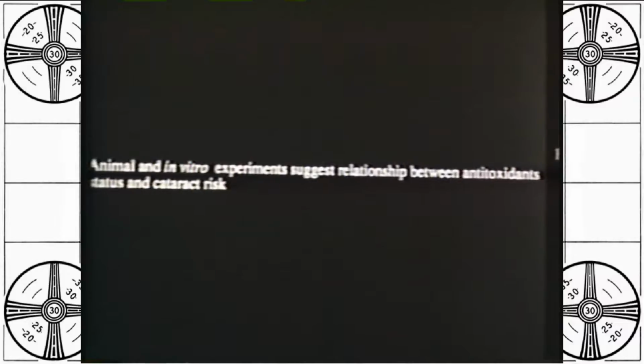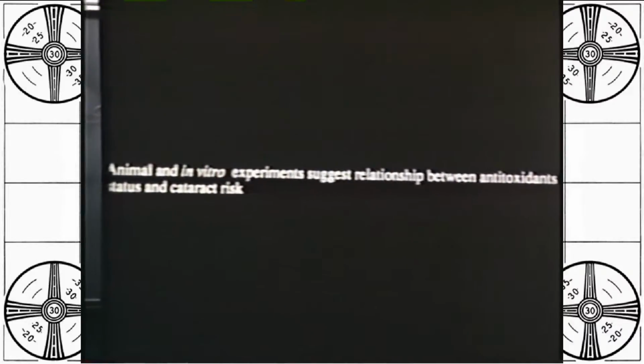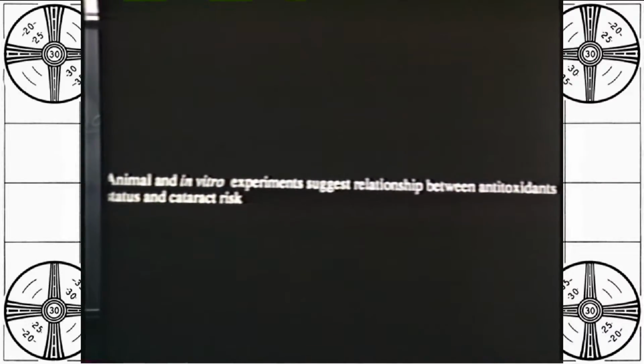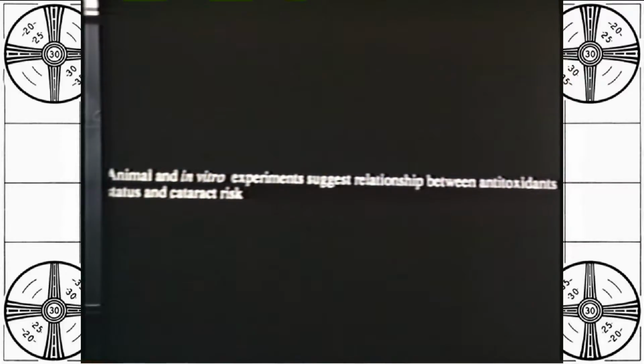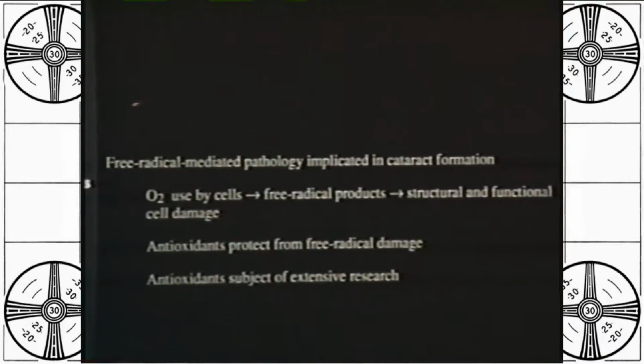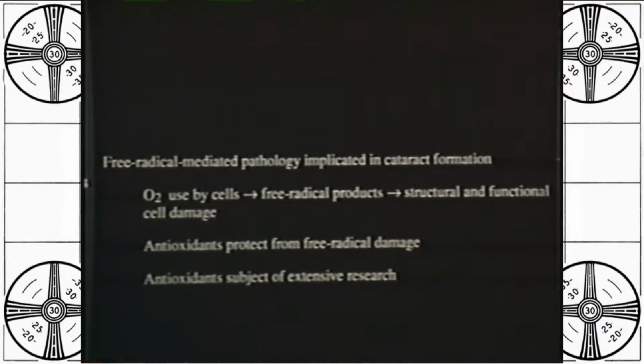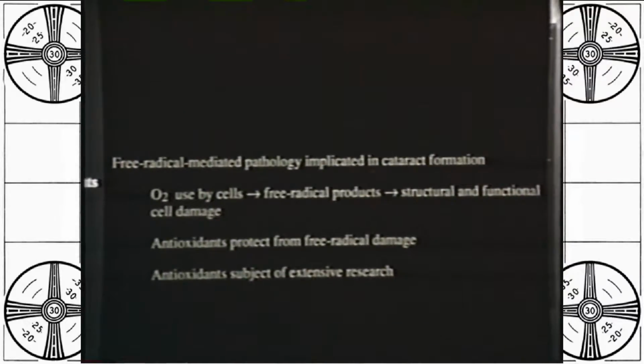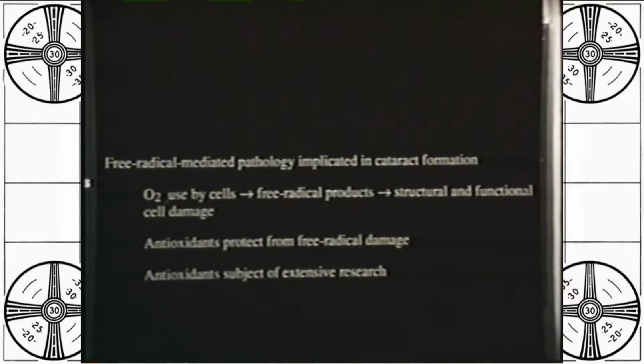So recently, this research has focused on the relationship between antioxidant status and cataract risk. Let's talk a little bit about antioxidants. Y'all have probably heard some about this. Free radical mediated pathology: free radicals are substances that are produced and seem to be implicated in cataract formation.